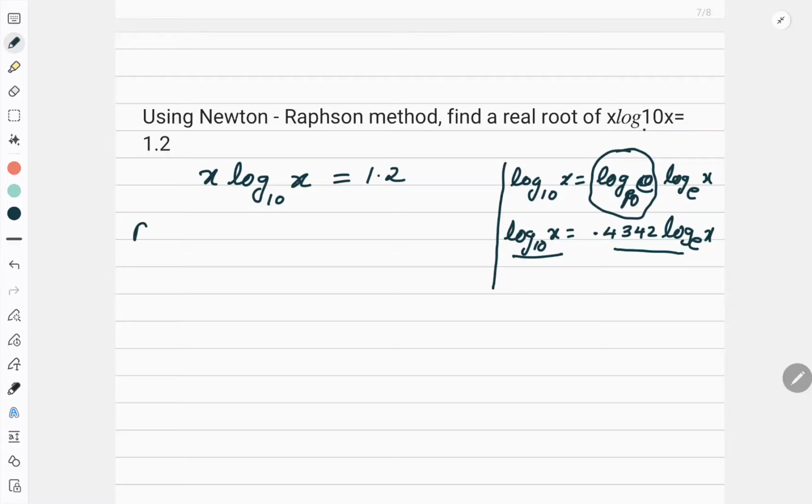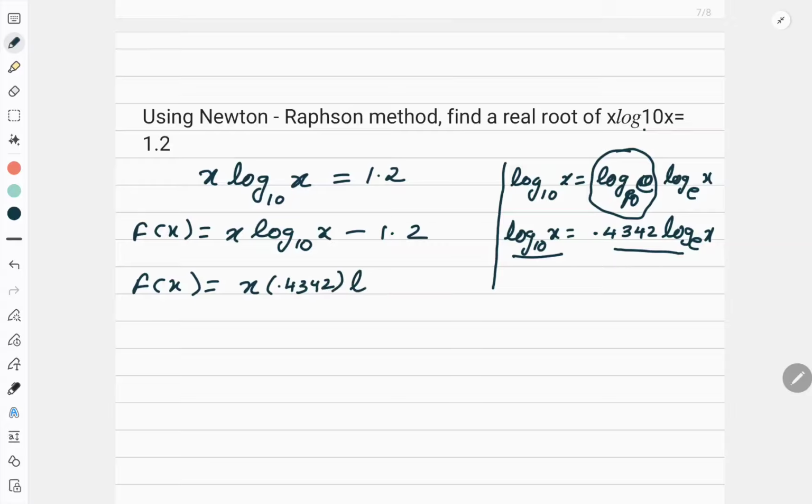So now what is my question? F of x is equal to x log x minus 1.2, or f of x is equal to x times 0.4342 log x with base e minus 1.2.